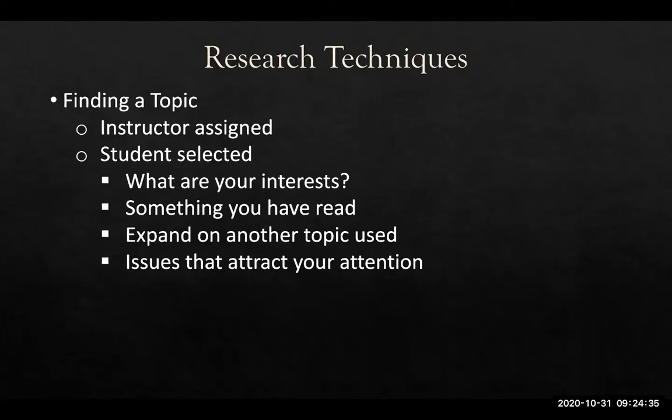And when it's too broad, sometimes you can't wrap your arms around it. So make sure that you narrow your topic enough that you can wrap your arms around it and you can actually gather good information about it, and you can get specific on it and not use a lot of generalities in your essay or your research paper. So don't have too broad a topic.